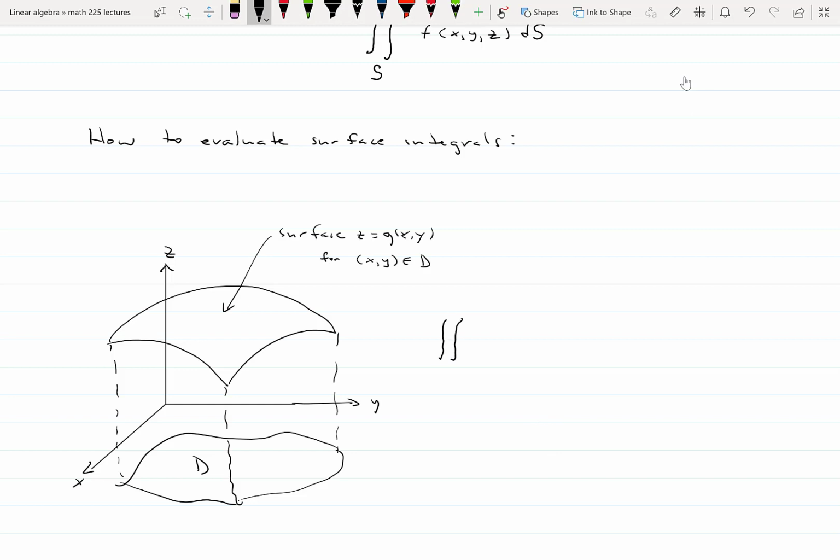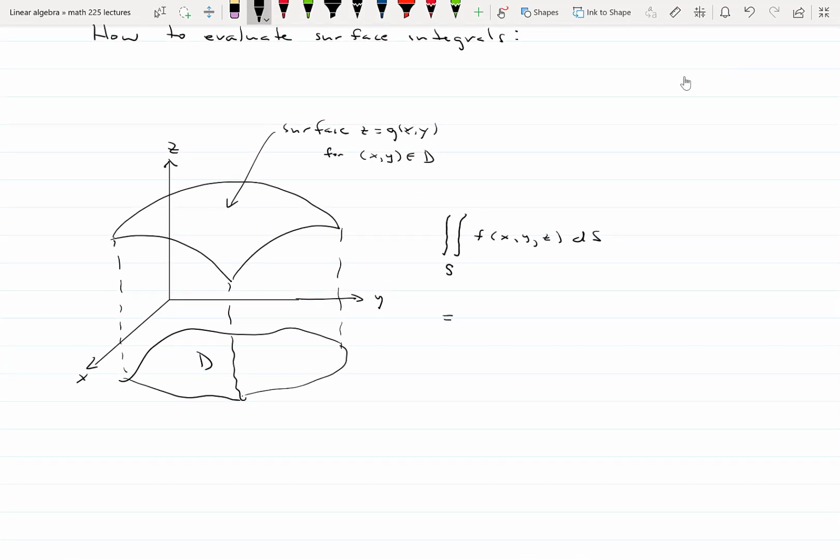The surface integral of f of x, y, z dS, to evaluate it, we stuff the formula for the surface into the integral.